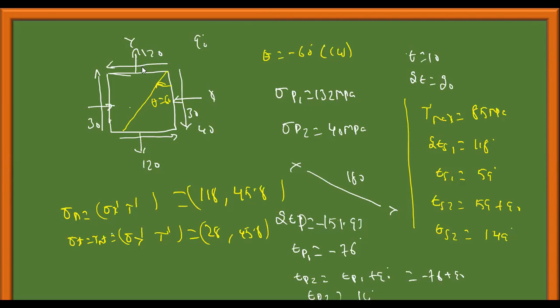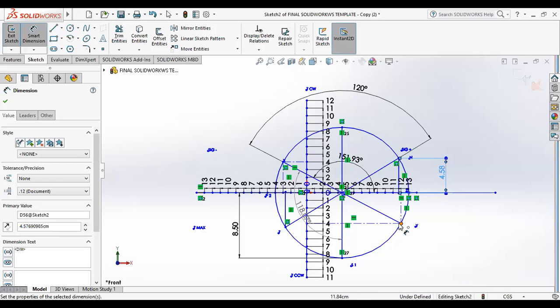Y phase is plus 120 and counterclockwise 40. So x phase minus 30 is this point, and then clockwise 40 is this point. Y phase plus 120 is this point, and then counterclockwise 40, this is counterclockwise. We have plotted the x phase and y phase.